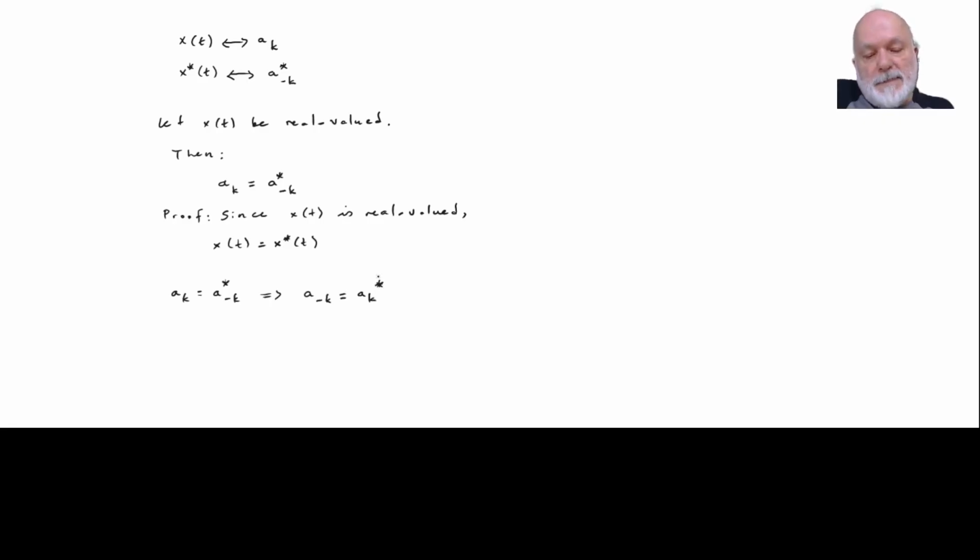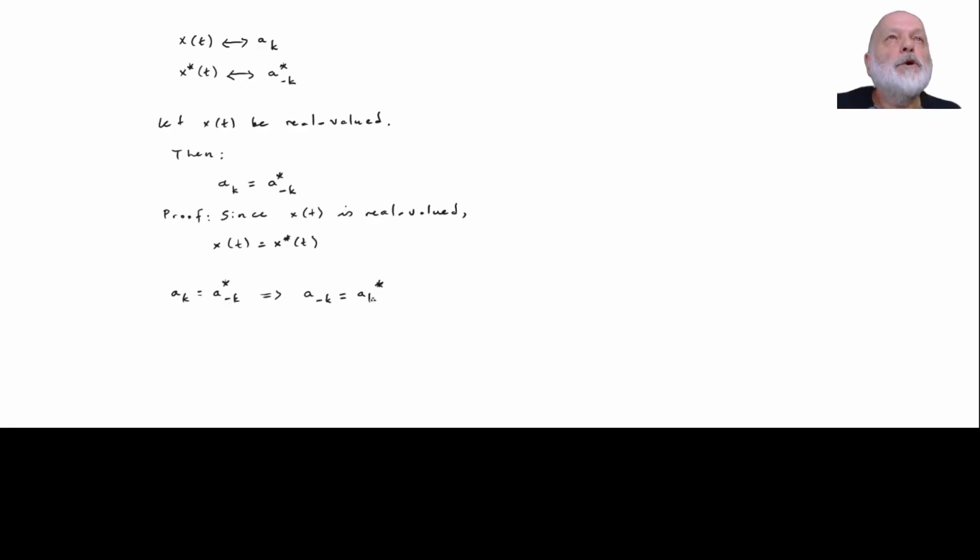Now, this is a more informative form of the same expression. In fact, it tells us the following. For real valued periodic signals, the Fourier coefficients with negative indices can be obtained from the Fourier series coefficients with positive indices by means of this expression.